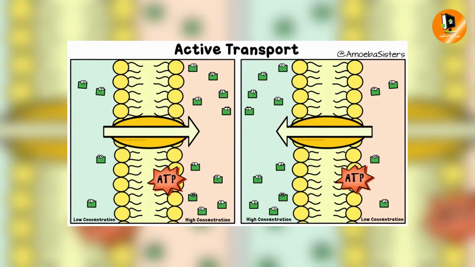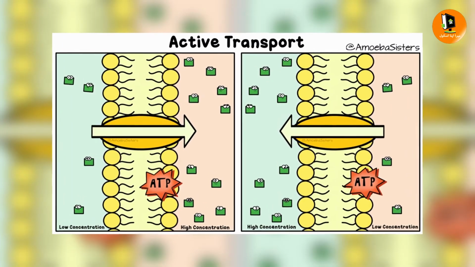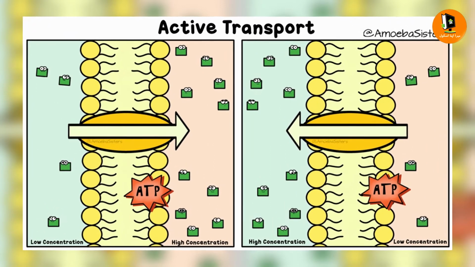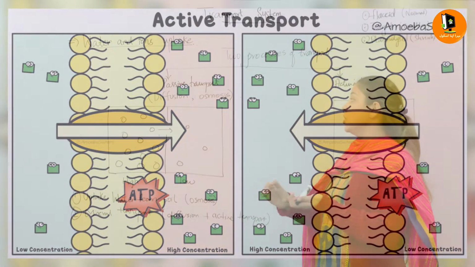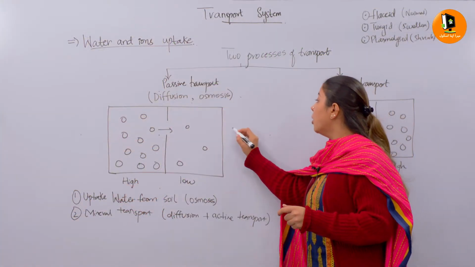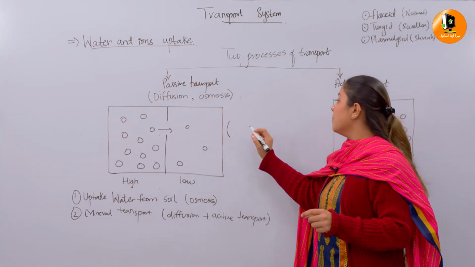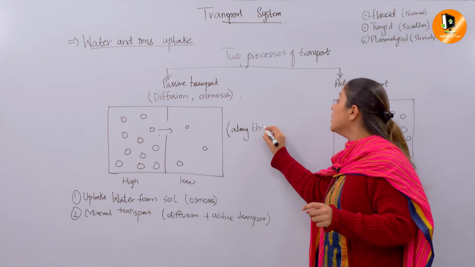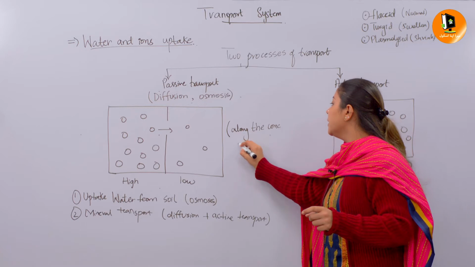Passive transport, the term says passive. It is when the molecules are moving from the higher concentration to the lower concentration. Just learn this keyword: along the concentration gradient.